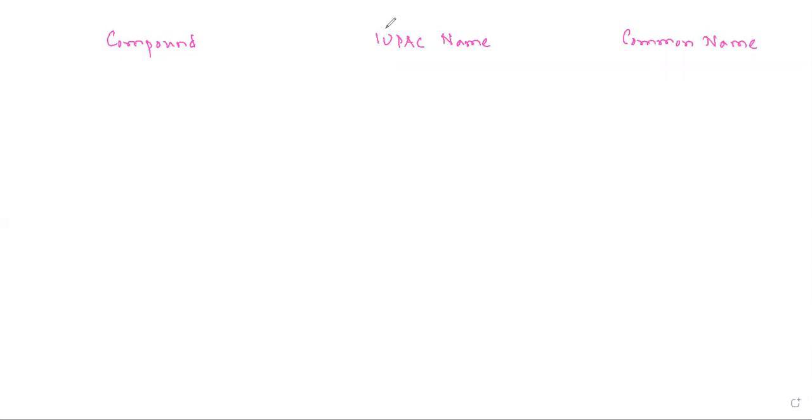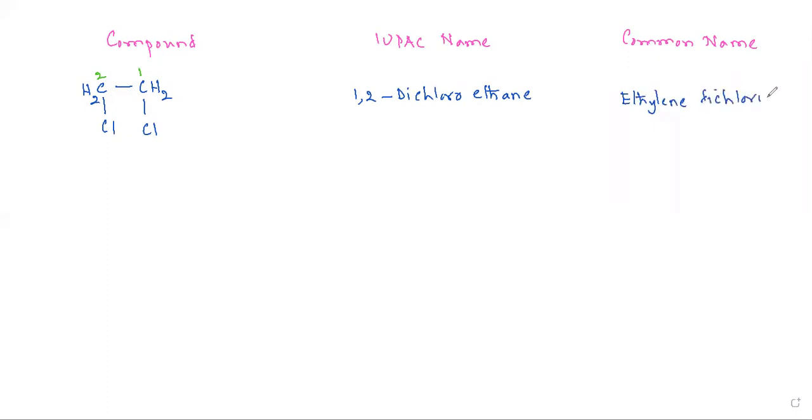Now, this is 1,2-dichloroethane. Okay, and the common name is ethylene dichloride. Ethylene dichloride.